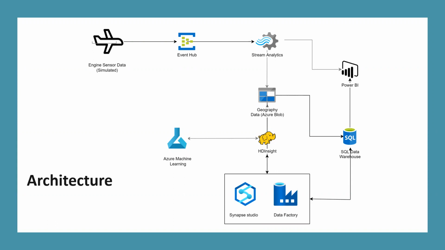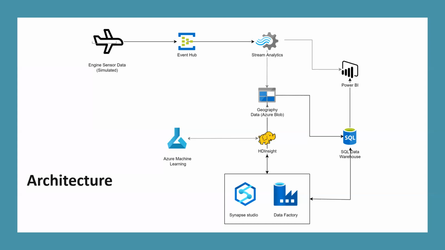There are other services also, such as IoT Hub, and Azure also supports Kafka. But IoT Hub is more for devices, like mobile devices, and Event Hub is the right service for this particular use case. Event Hub ingests this raw data and passes it on to Stream Analytics.